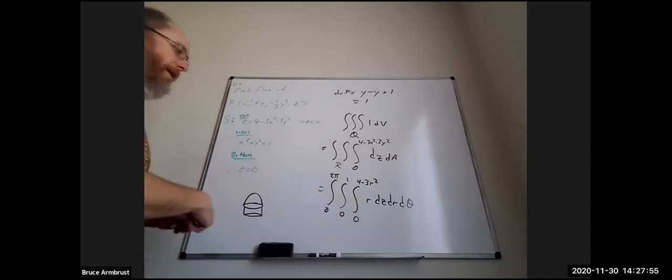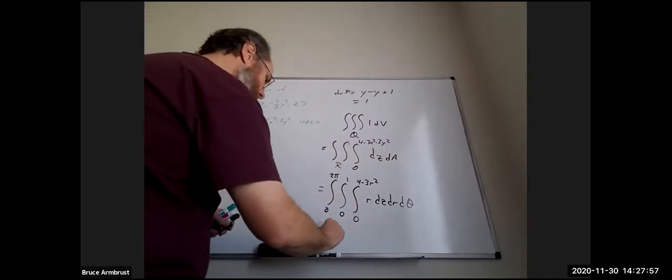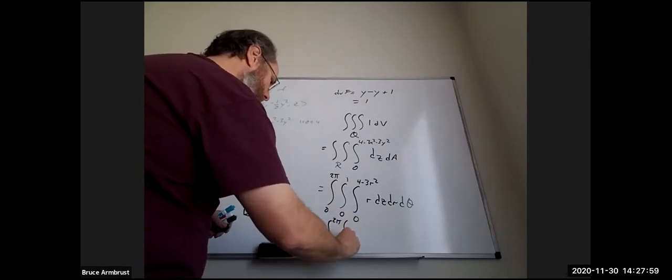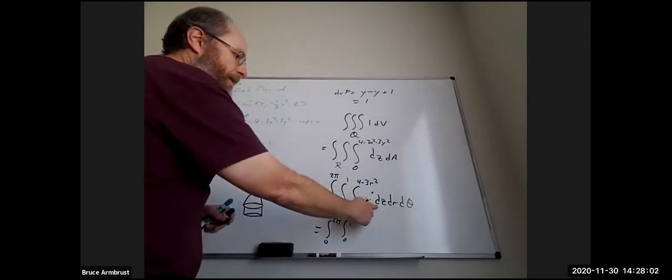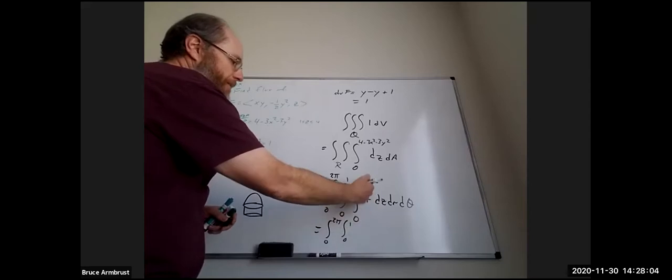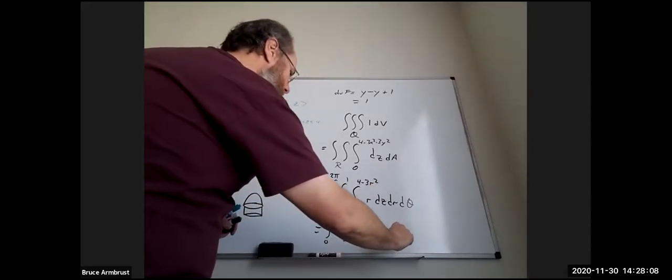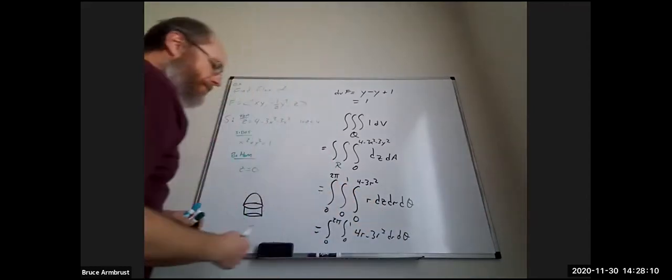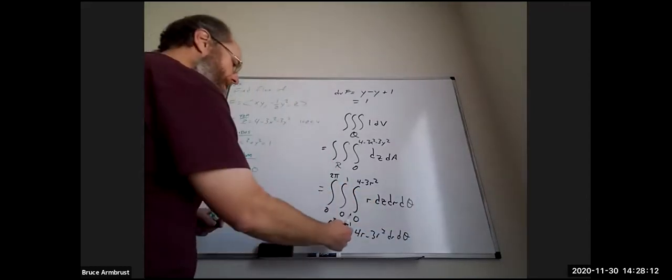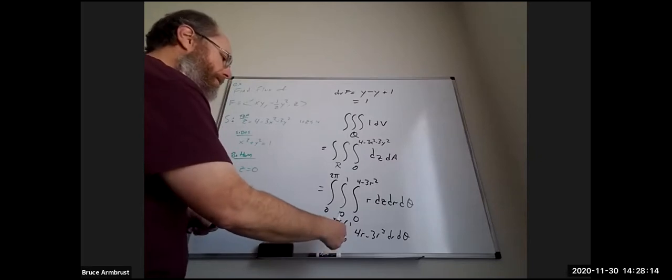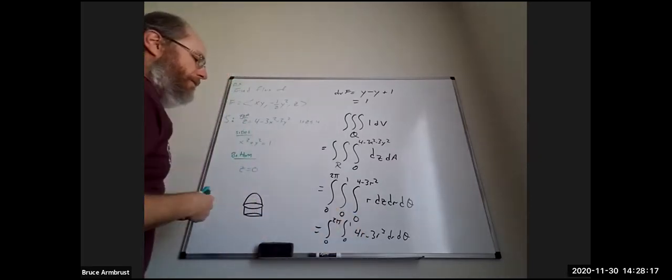And in fact, let's go ahead and get this guy real quick. Because when we integrate with respect to z, we get a z, r times z would be 4r minus 3r cubed. So that's going to give me a 2r squared minus 3r to the 4th over 4.